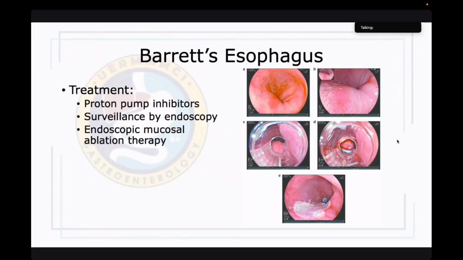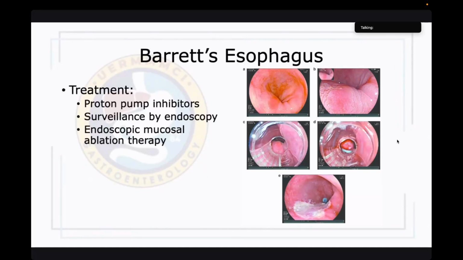For the treatment of Barrett's esophagus, first we have the medical management. We use proton pump inhibitors. There is evidence that aggressive anti-reflux therapy can result in partial regression of the metaplasia. So PPIs are usually given indefinitely.